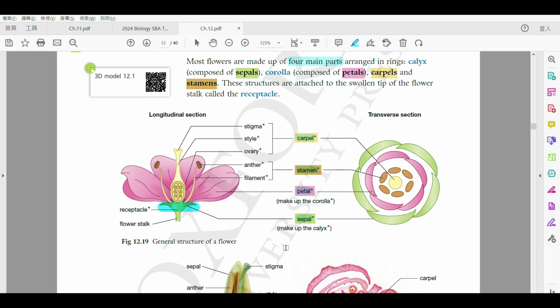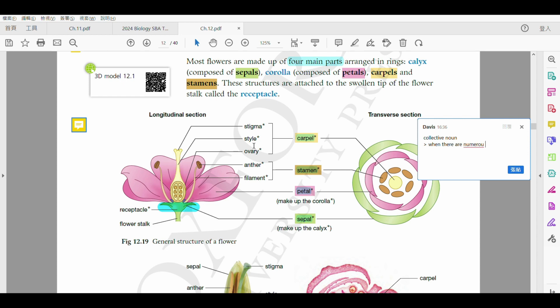The next thing is that we need to learn the collective noun. What is collective? By collective, that means when there are numerous of them. For example, when there is one petal, it is called petal.